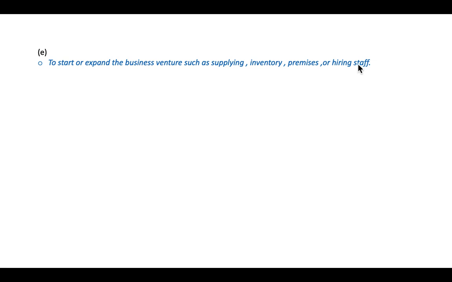Then you buy spare parts, you buy things. So in order for you to operate, you need to borrow money, so that you expand your business. And then also you hire staff, because you can't manage the business by yourself. You can't manage deliveries, you can't manage to clean the premises, all those things, they need people, or they need staff people.